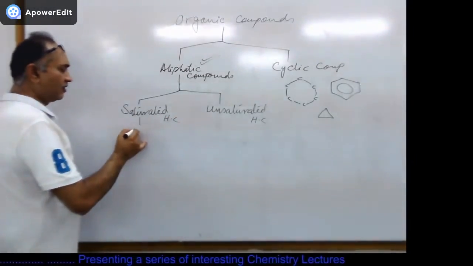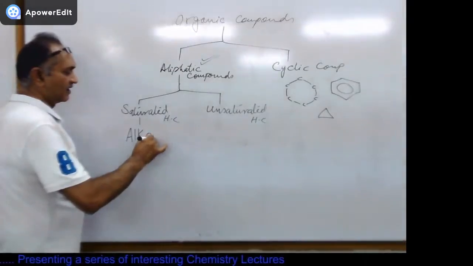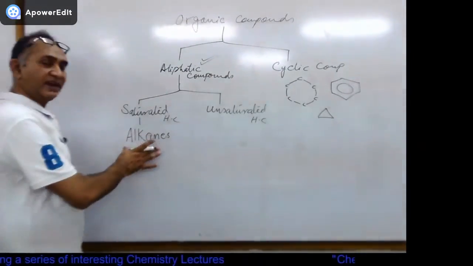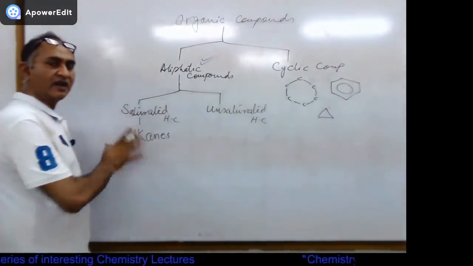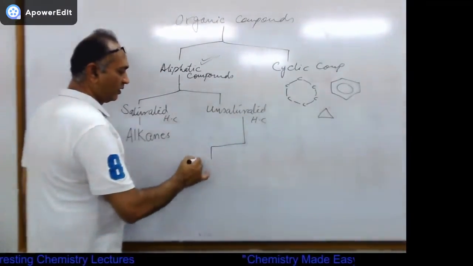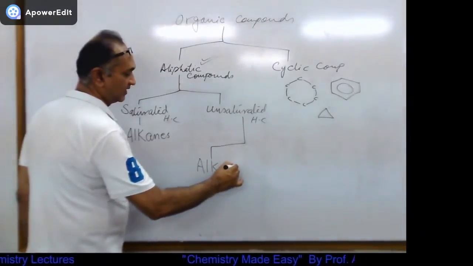Saturated hydrocarbons are also called alkanes. So what are alkanes? Saturated hydrocarbons. Unsaturated hydrocarbons are of 2 types. One is called alkene.